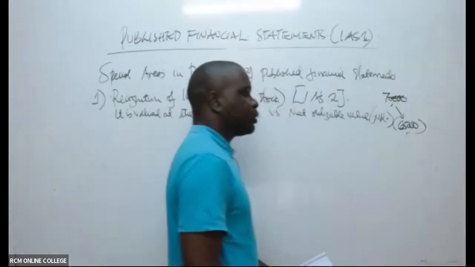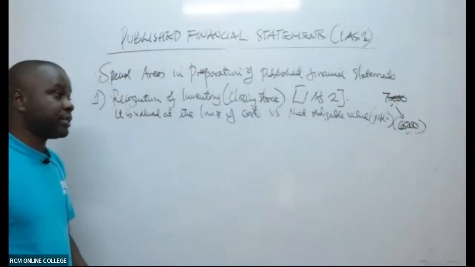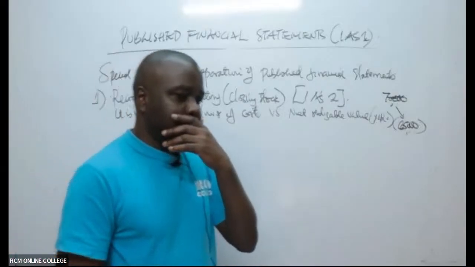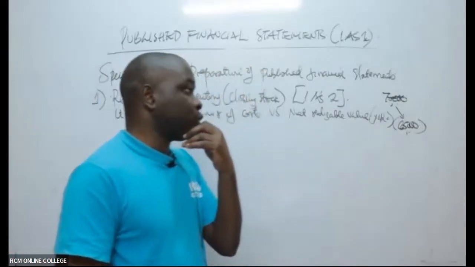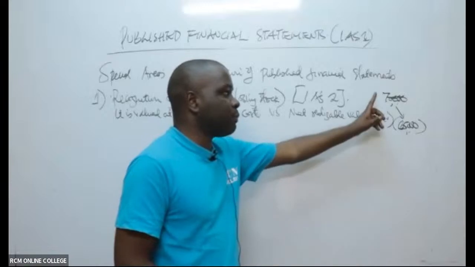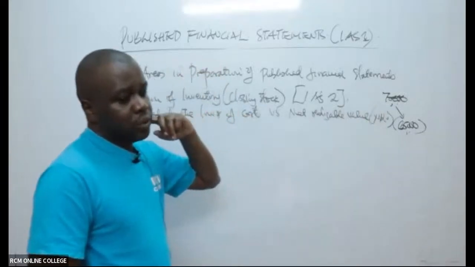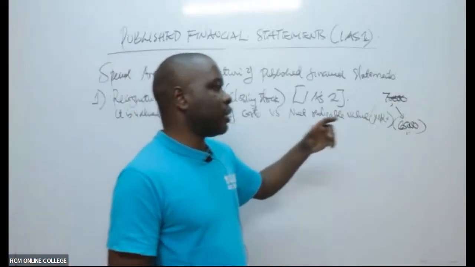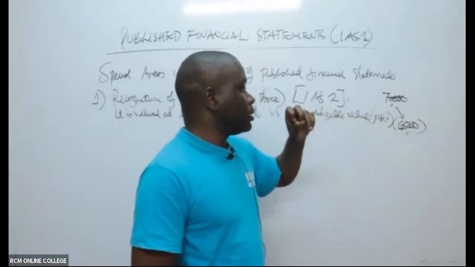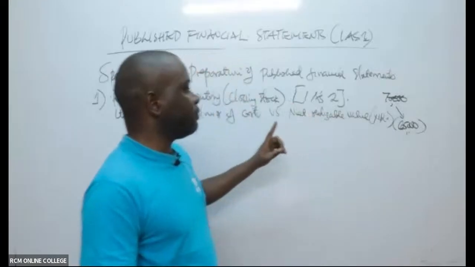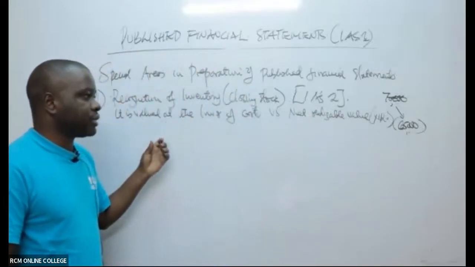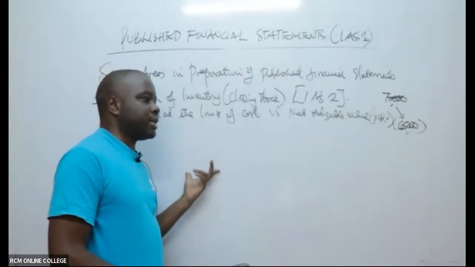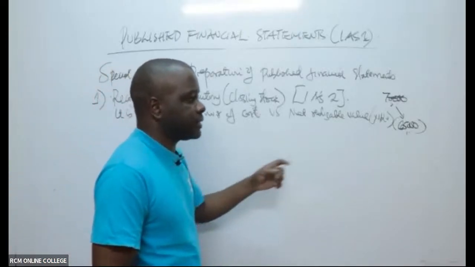Most obviously, when you purchase items, you are expecting to sell them at a profit. But there can be a number of factors that could cause you not to realize even the amount you purchased those items for. You'll end up disposing of them at a lower value. If that is the case, when you are valuing this inventory for the balance sheet, or when calculating the profits in the P&L or income statement, you'll take 65,000.